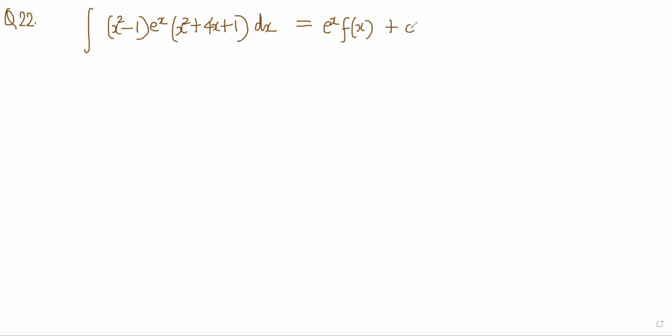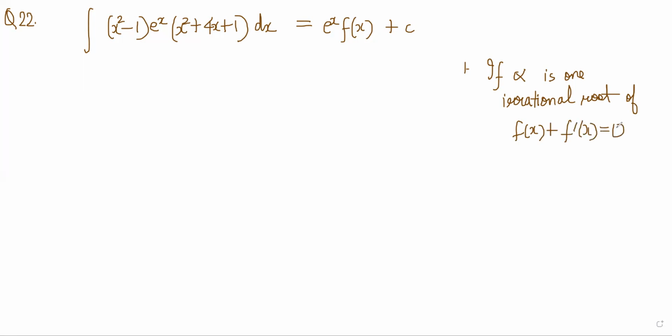And now the question is asking, find f of x first of all, and then it says if alpha is one irrational root of f of x plus f dash x is equal to 0, then alpha power 4 plus 4 alpha cube plus 2 alpha square plus 4 alpha is equal to what? Right, this is the question.